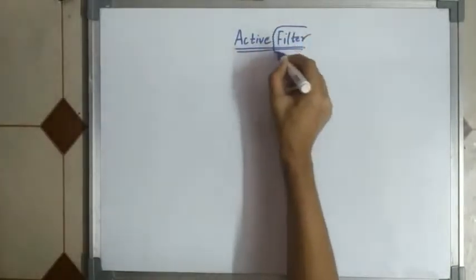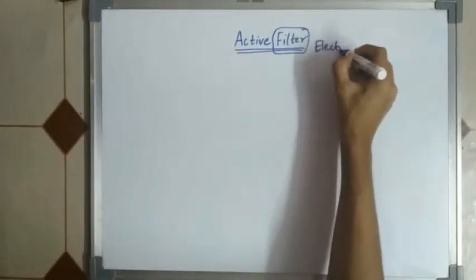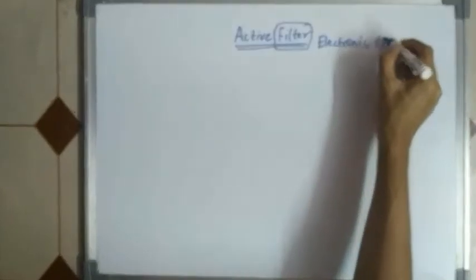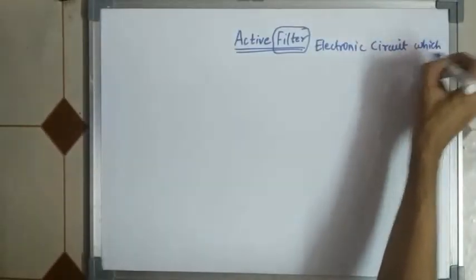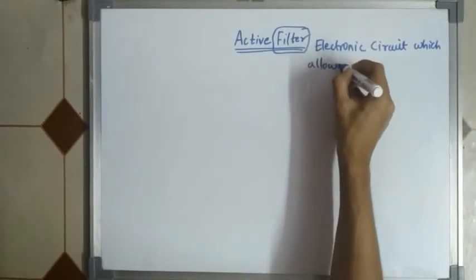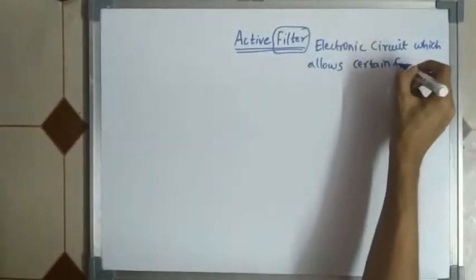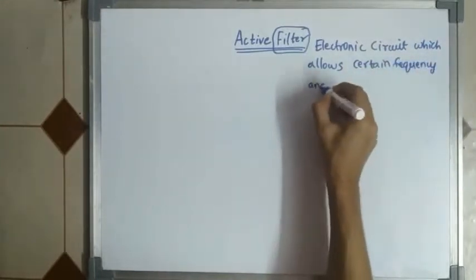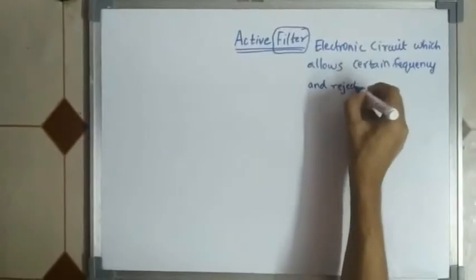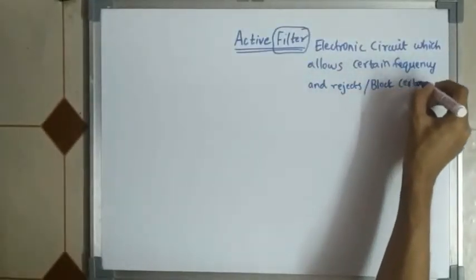So what is a filter? Filters are electronic circuits which allow certain frequency components and reject or block certain frequencies.